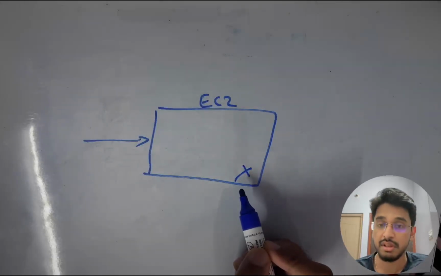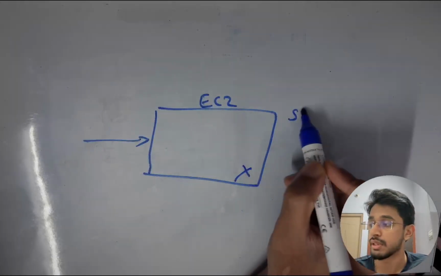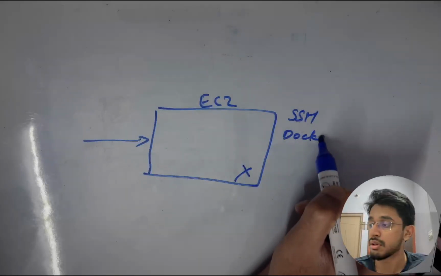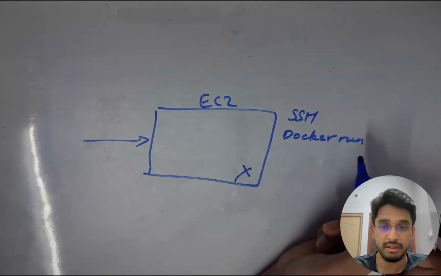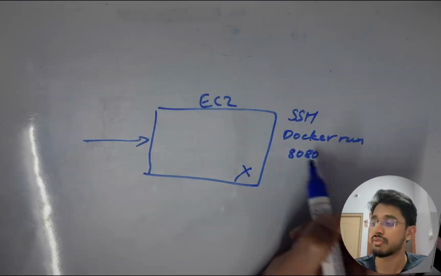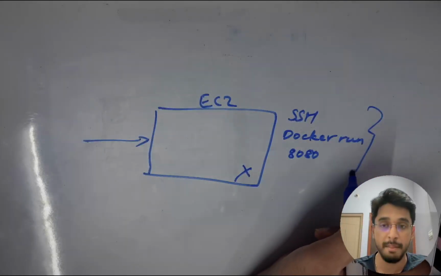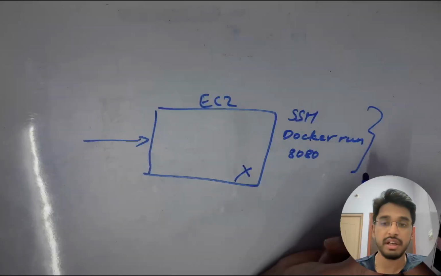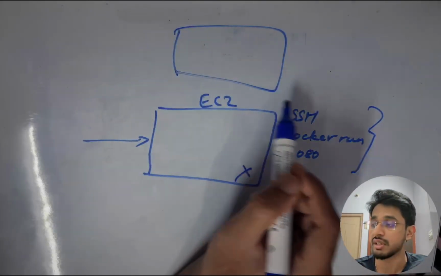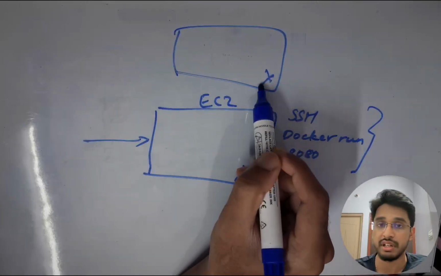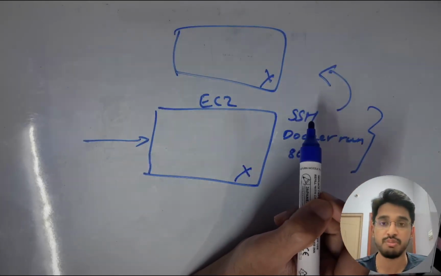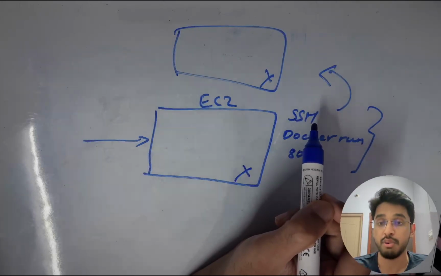So again, what I need to do is SSH into the machine, do a Docker run, and then run it on the same port, that is 8080. So all of these steps I have to do manually, right? So we just can't keep monitoring, right? So in case I have another EC2 machine which is running the same application, and this also crashes, I need to run the same commands over there as well. So this is a lot of manual work, and this is problem number two.